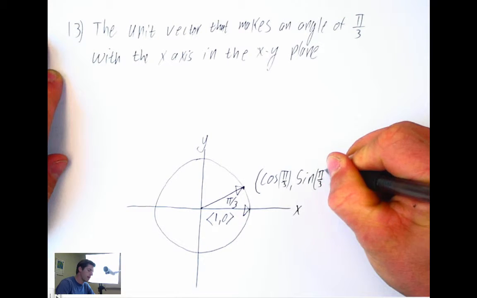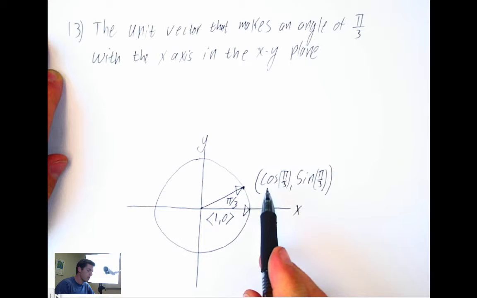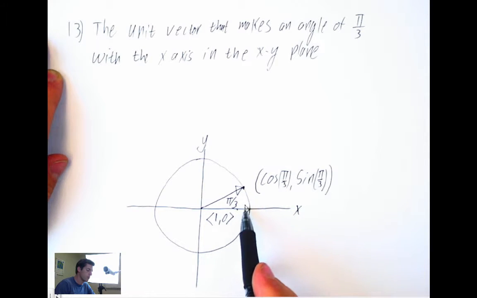See, that's actually how cosine and sine should be defined. Cosine is a function that assigns to a radian measure angle, the x component of the point on the unit circle, that radian measure away from the origin.